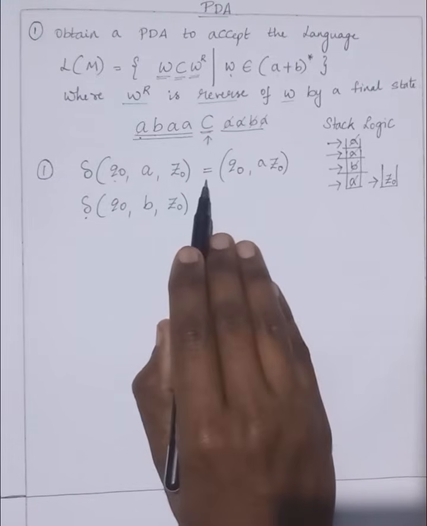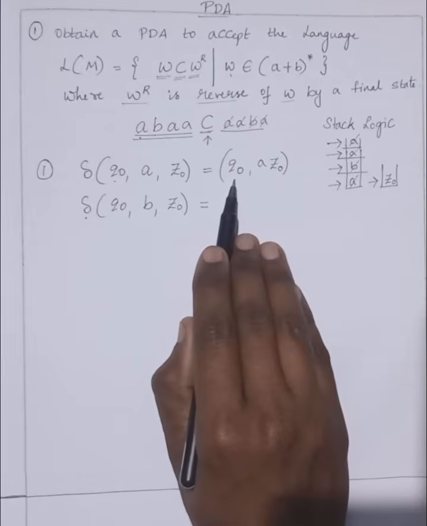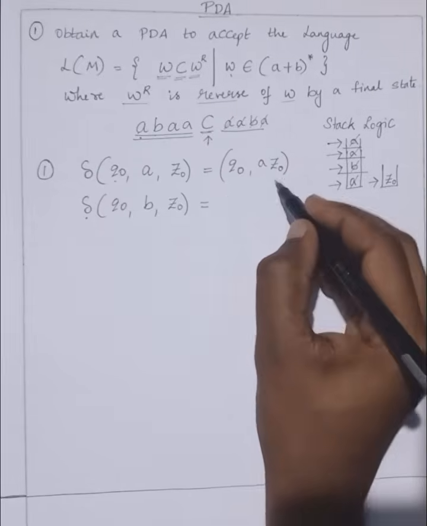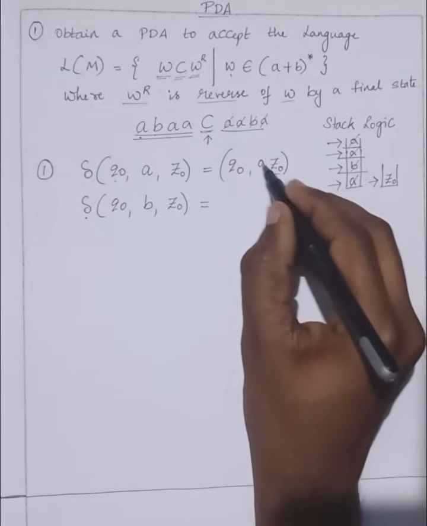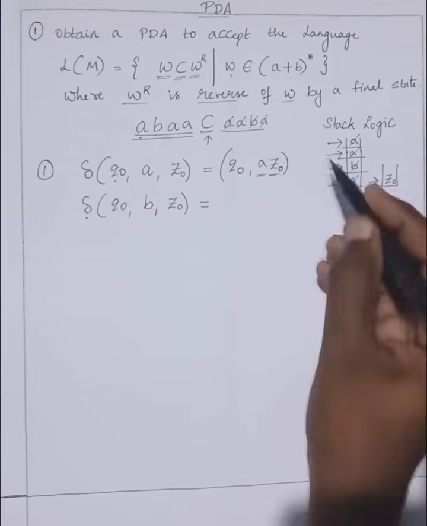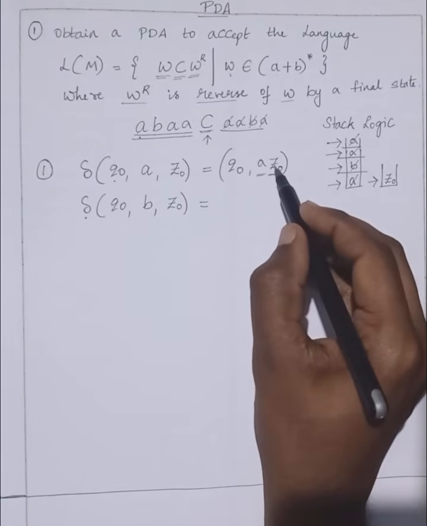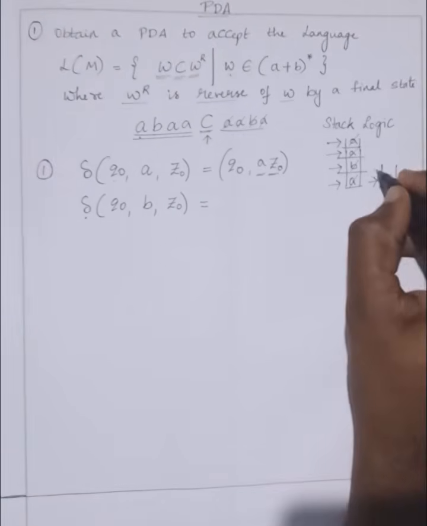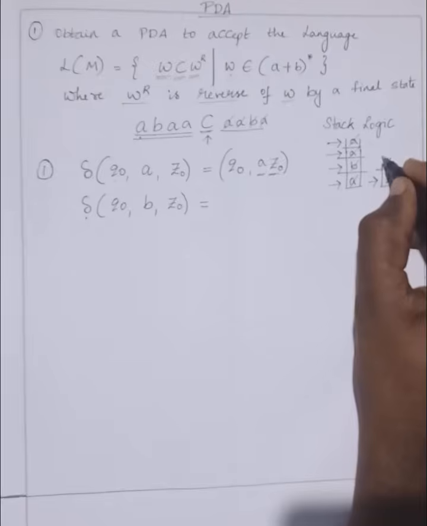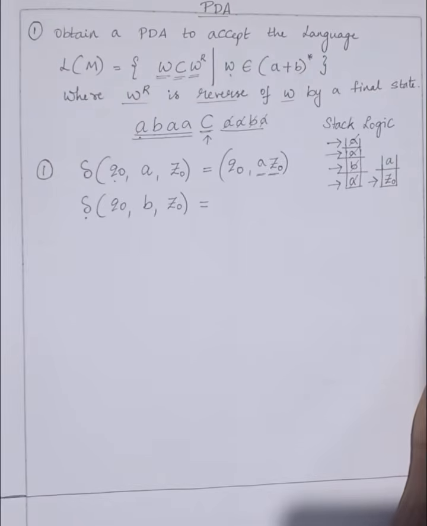Whenever we have this, it goes to the same state Q naught. The stack was Z naught, and on top of that A was pushed, so now the stack is A, Z naught.